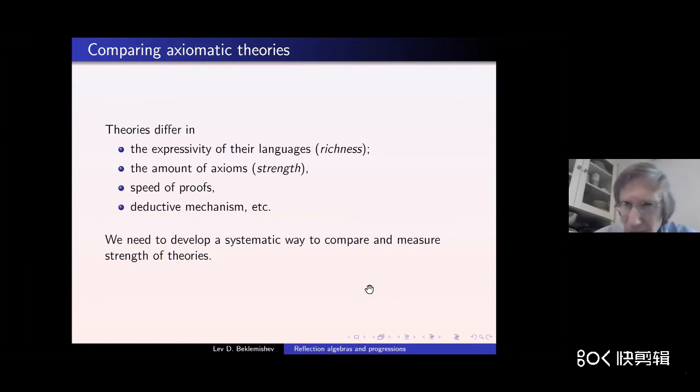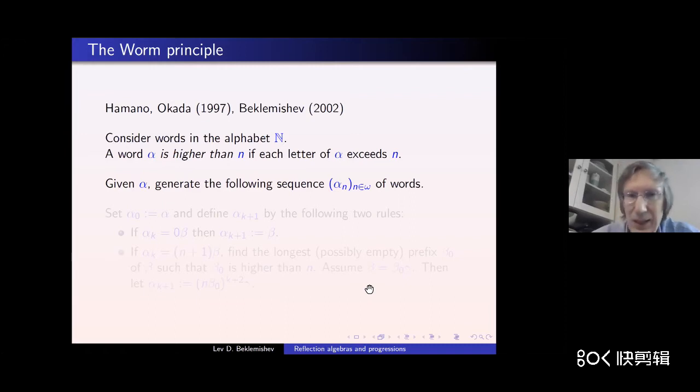And what it can deliver, I will demonstrate by the so-called worm principle, which is a representative of a much larger family of combinatorial results that can be proved to be independent of Peano arithmetic in this case.